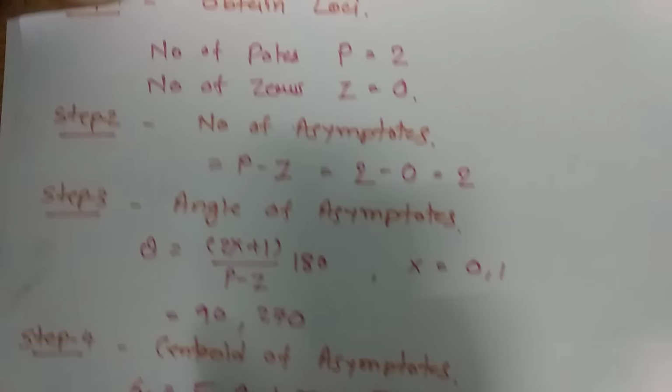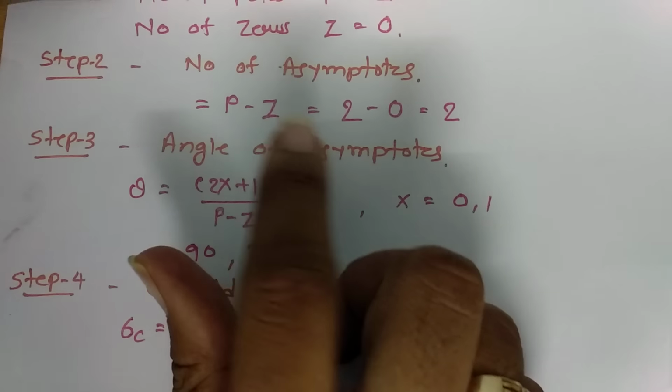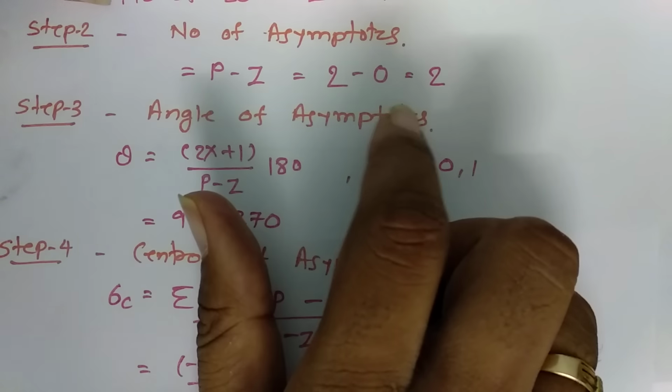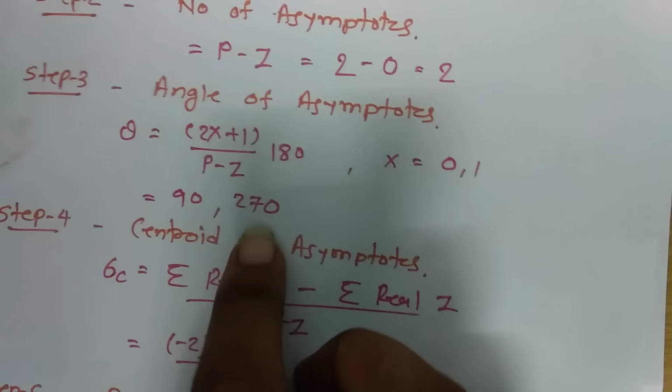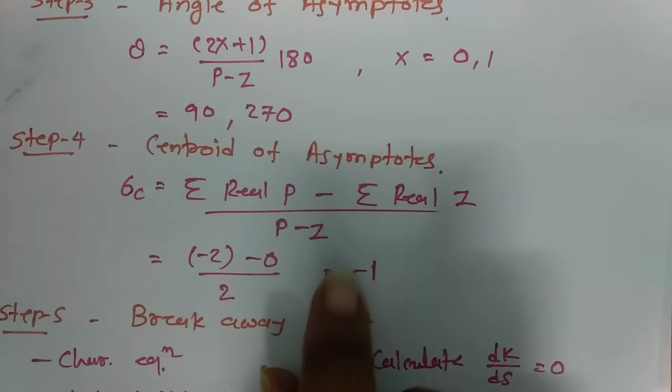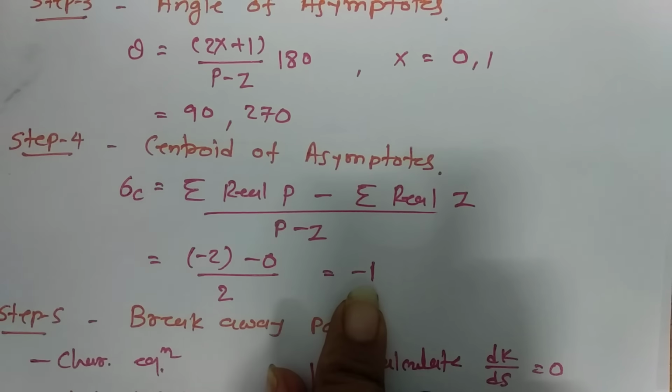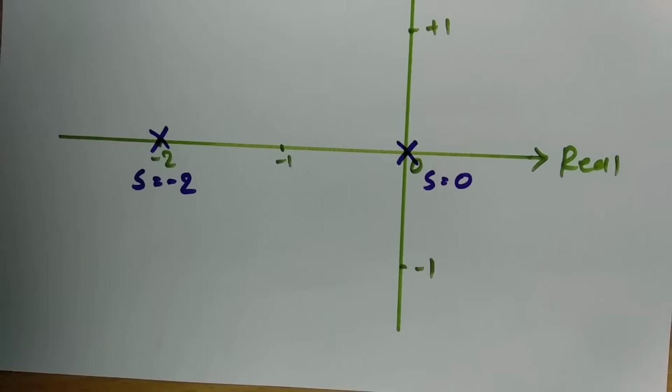And in this example we have two asymptotes. One asymptote has angle 90 and the second asymptote has angle 270, and the centroid of the asymptotes is at minus 1.